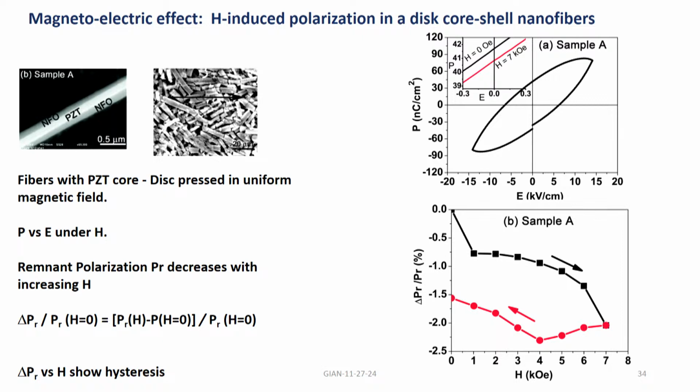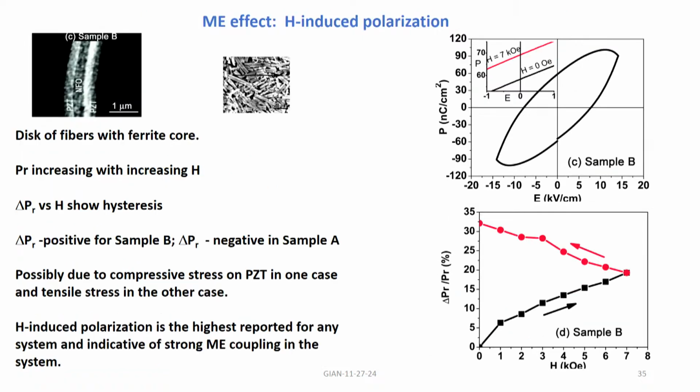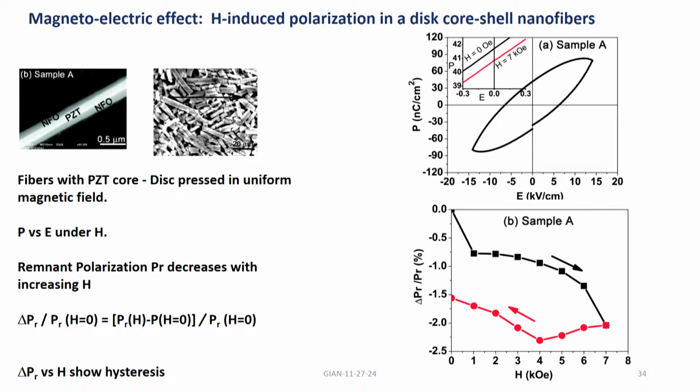So overall, this magnitude of fractional change in the remnant polarization of 2% is the maximum value. You may think it is very small. This is H-induced polarization in a composite, and this value is much higher than what they measure in single phase multiferroic systems.